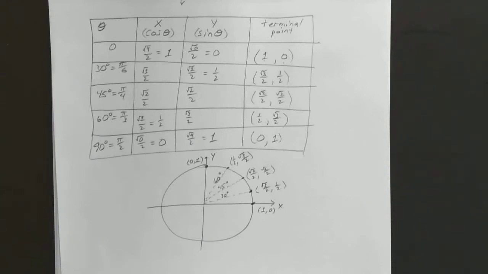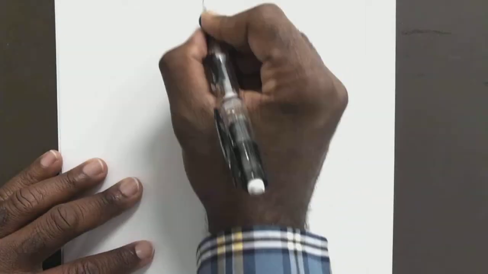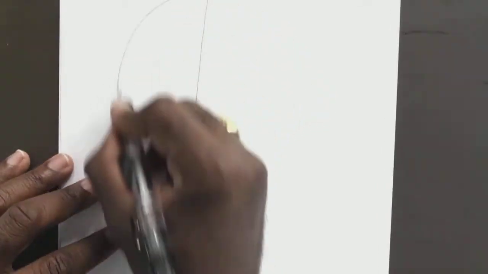And I think I'll do this one first. Okay, so this one, I'm going to make the unit circle a little bit bigger.